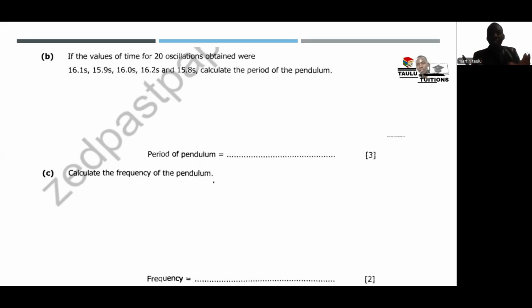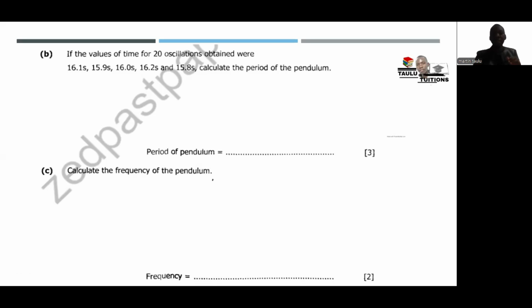But when you look at this question, you discover that there are quite a number of values given for the time. So the first thing I want you to do before you start any calculations is find the average time that you are going to use when calculating the period of the pendulum. So what we are going to do is simply add all the figures given there for time, and then divide by the number of values that we have.